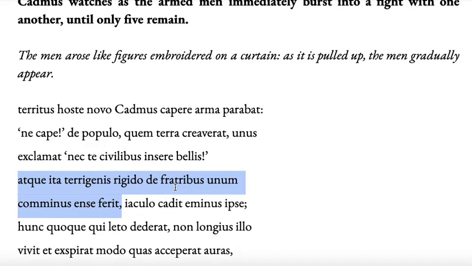So one of his brothers, and the brothers, who are ablative plural, are described with the ablative plural adjective terrigenis, which means earthborn, born from the earth. Right, that comes from the ter bit is linked to terra, and the genis bit is linked to genus, your birth or lineage or descent or race.